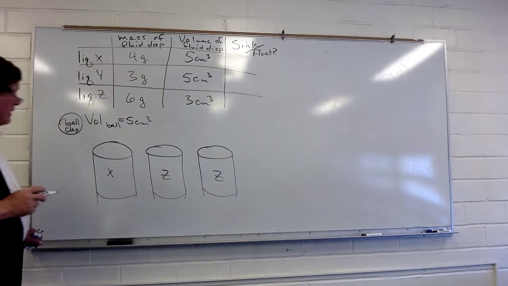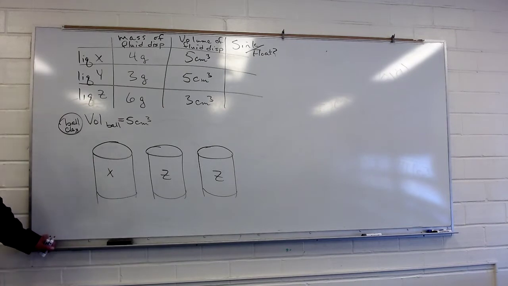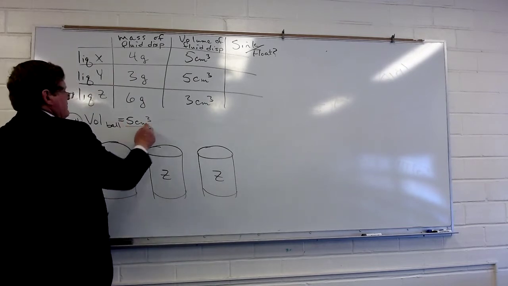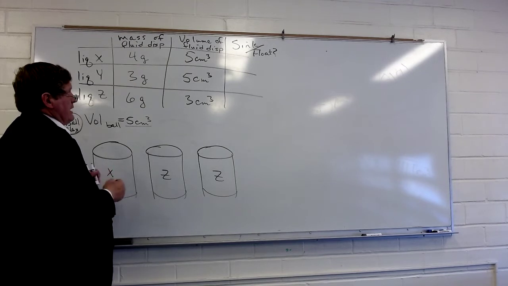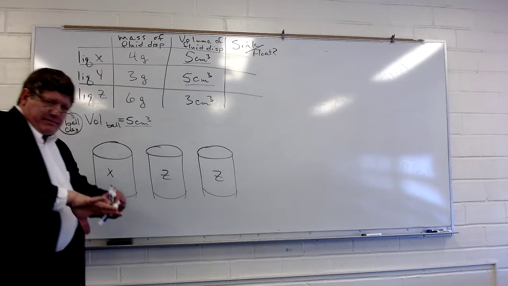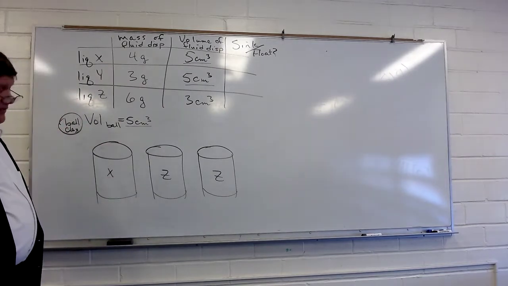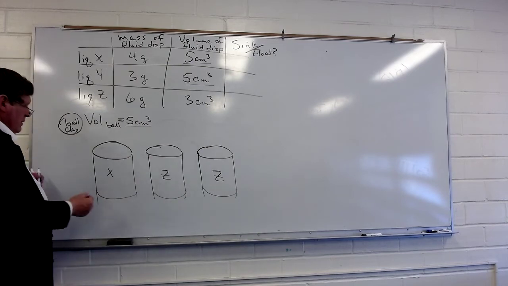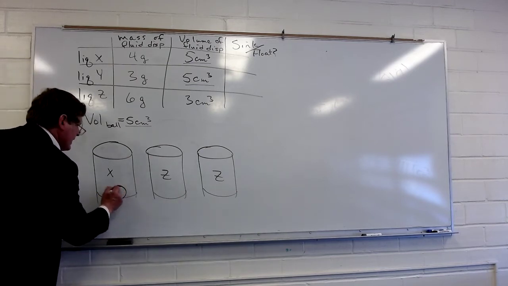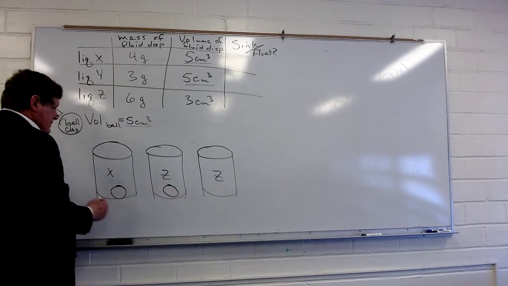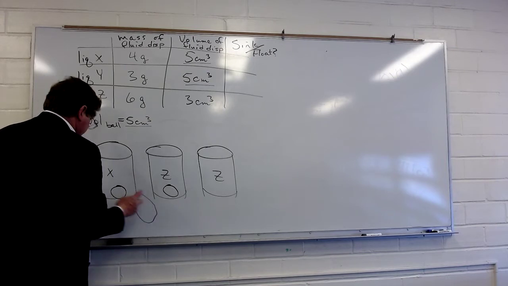And the first part of this problem asks us, in which of the beakers does it sink and which does it float? Well, I notice that the ball has a volume of 5 centimeters cubed, and in liquid X and liquid Y, it pushes out of the way, or displaces, 5 centimeters cubed. And so that means that this ball must sink in X and sink in Y. And that's going to give me these puddles.